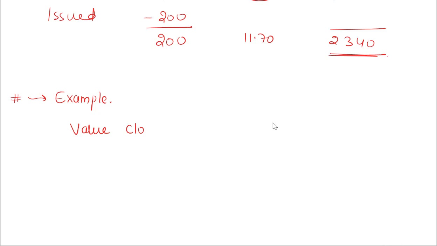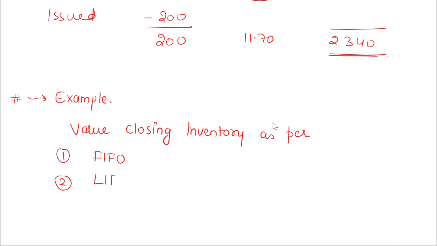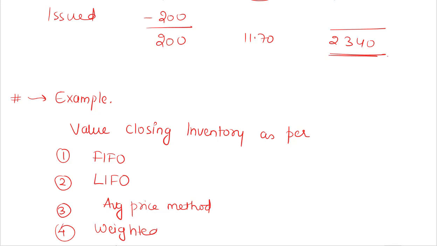Write value of closing stock, value of closing inventory as per first in first out FIFO, last in first out LIFO, average method, average price method, weighted average price method.